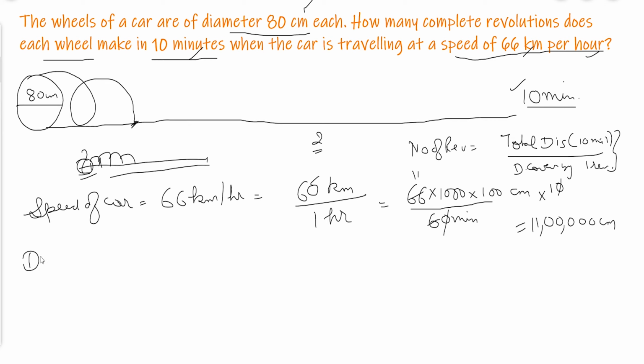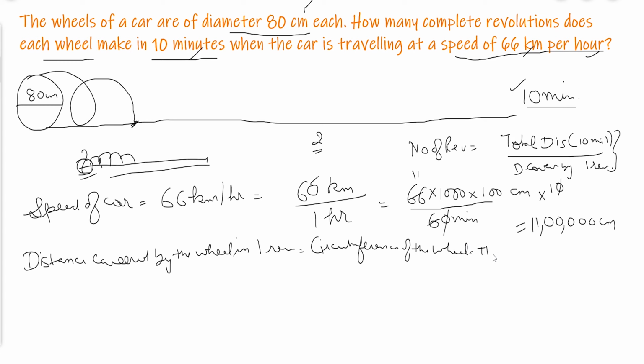Distance covered by the wheel in one revolution is equal to the circumference of the wheel, which is equal to pi d, as diameter is given to us.